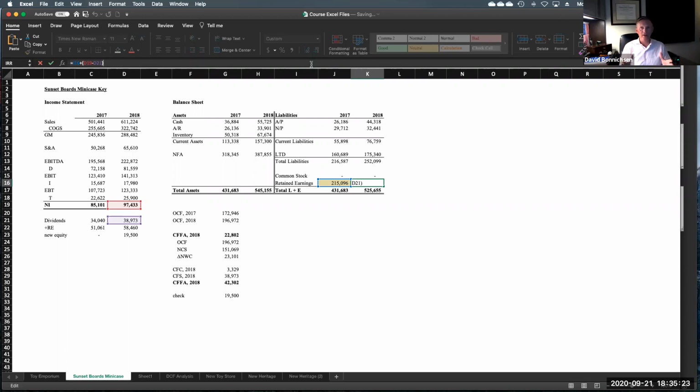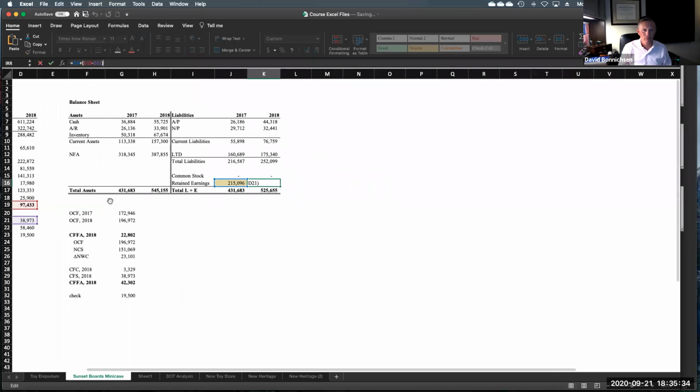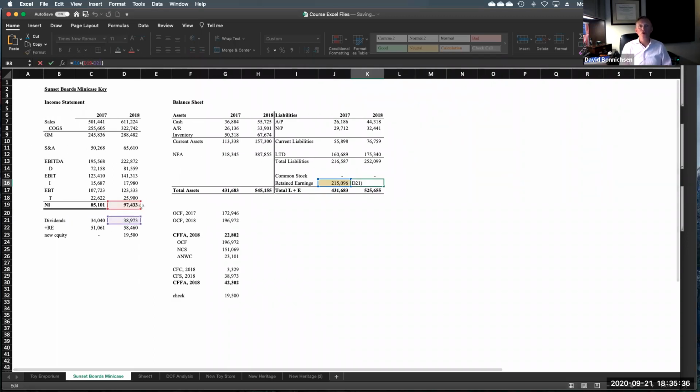And during 2018, we had operational activity from our income statement that led to $97,433 of net income, which is great. And we know that we paid dividends to shareholders in the amount of $38,973, which means that whatever was left over had to flow to retained earnings.